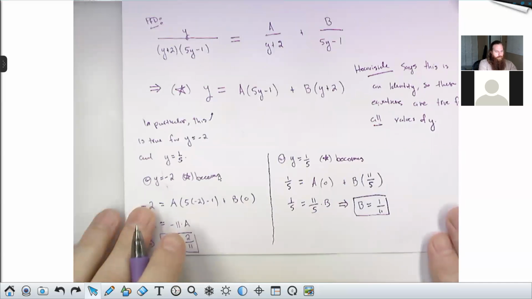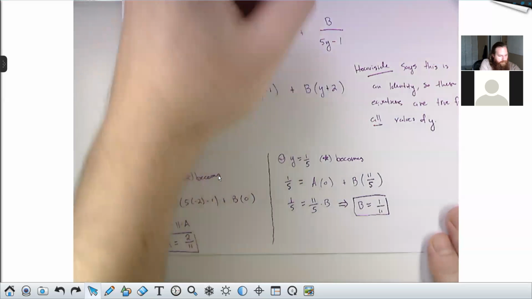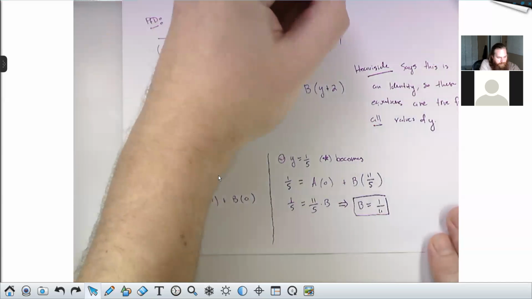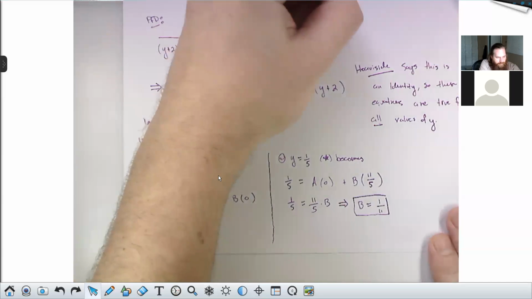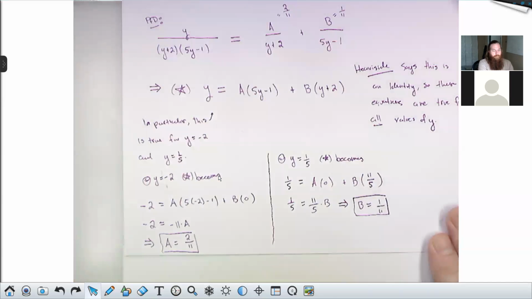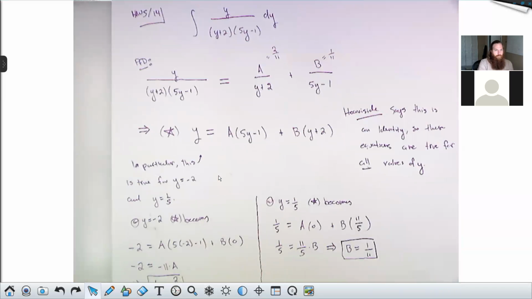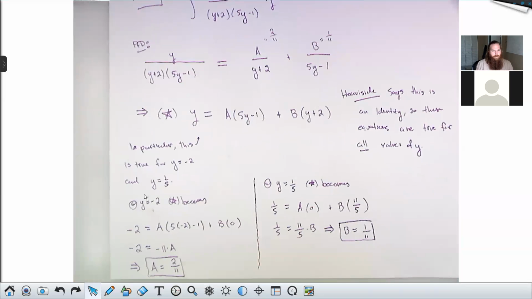So according to my PFD work, A was 2 over 11, and B was 1 over 11. I'll give just a second in case you're still writing, but then I'm going to cover this up and finish the problem.